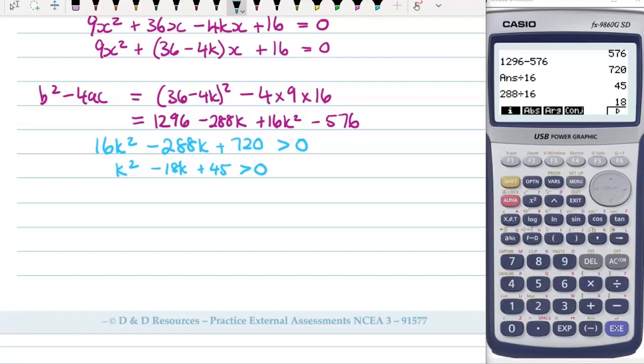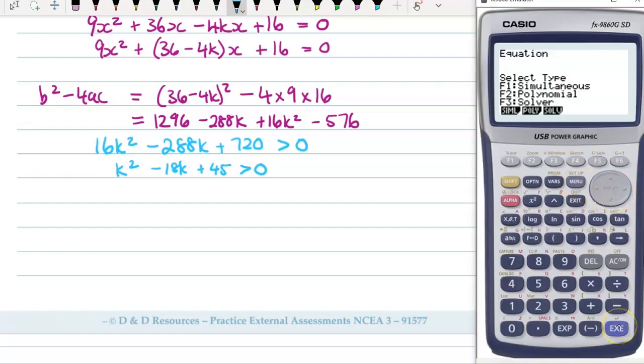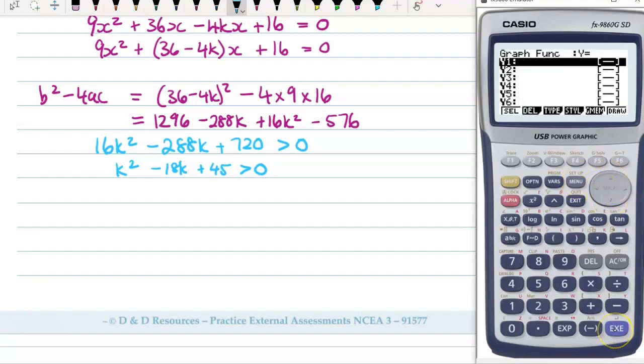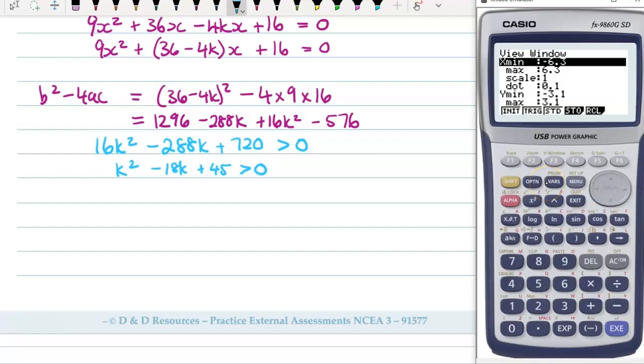We can pop that into our equation solver, or actually, I'm going to go for the graphing option this time around, just so we can see the picture. So let's pop that in, but we will use x's in place of k, like this. Okay, and let me just fix my view so that we can see everything.